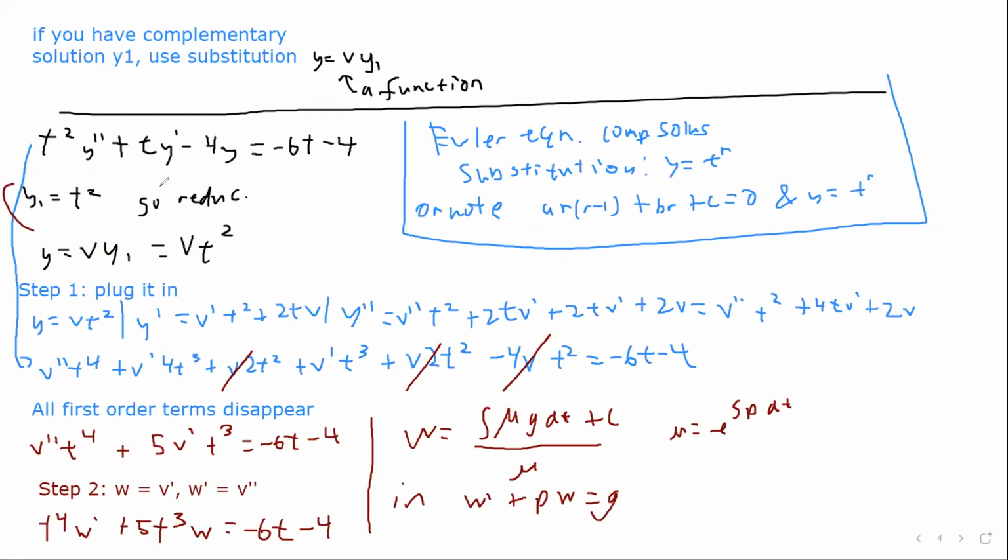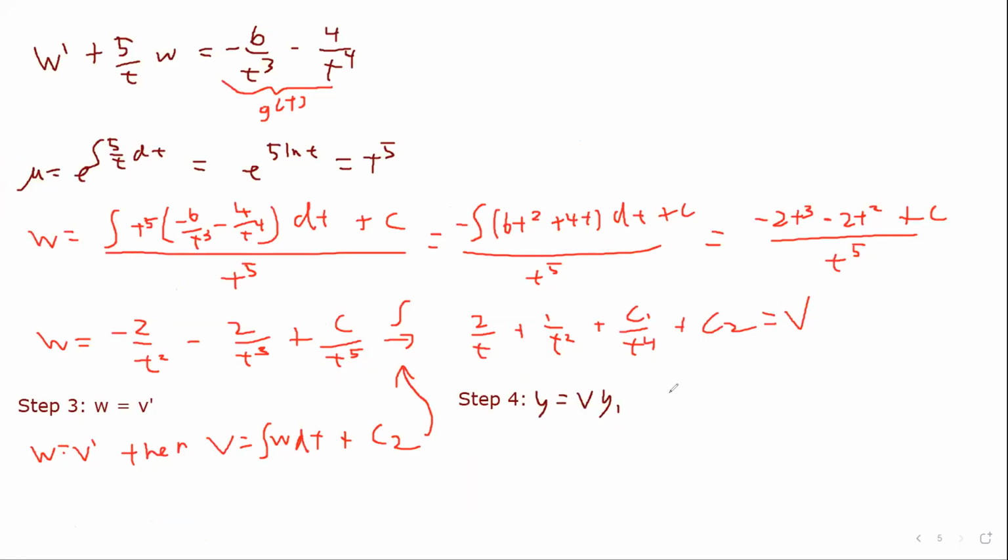It's t squared. So y is equal to V t squared, which is equal to 2t plus 1 plus C1 over t squared plus C2 t squared. And that is the entire solution y. And we are done.